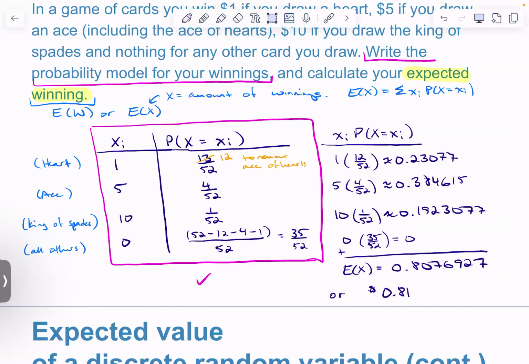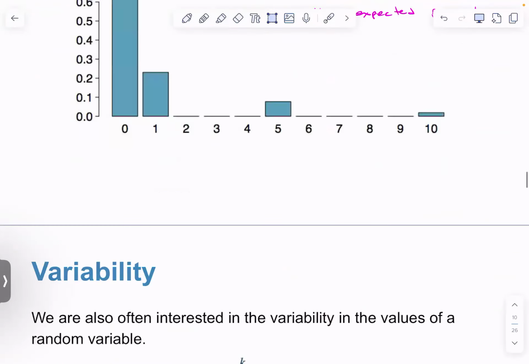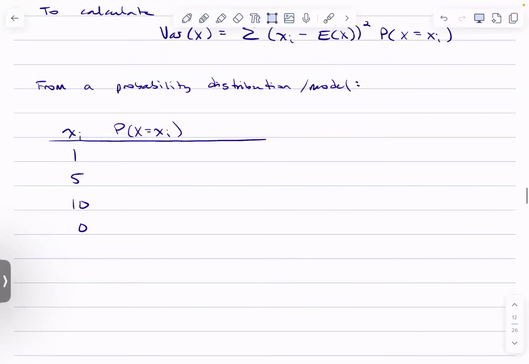I never wrote them out. 12 over 52, 4 over 52, 1 over 52, and what was the remaining? 35 over 52?